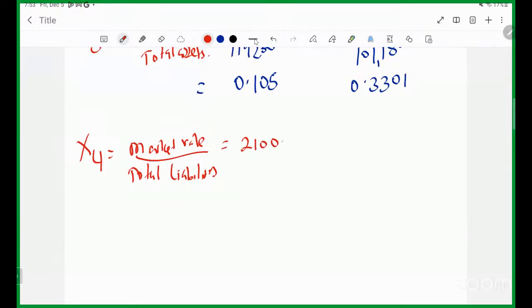By the way, they can even tell you it is trading at a premium or discount. So 21 divided by the figure for total liabilities.